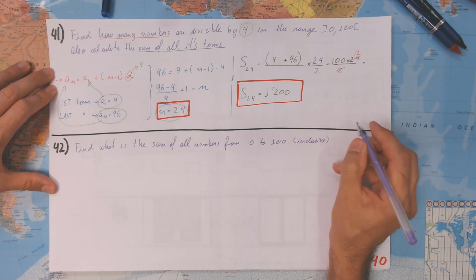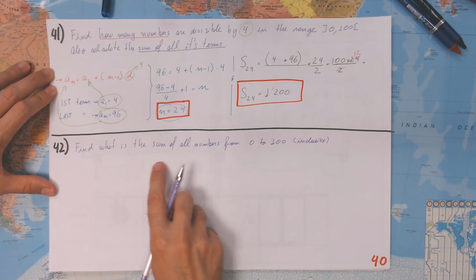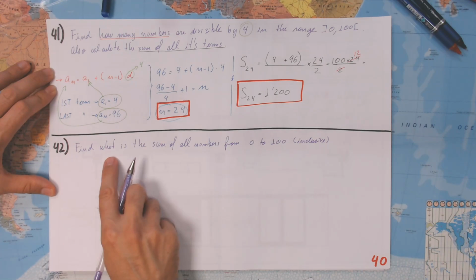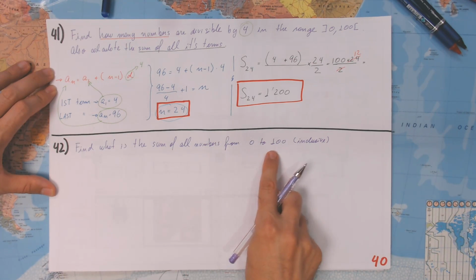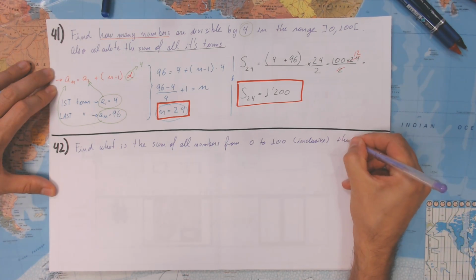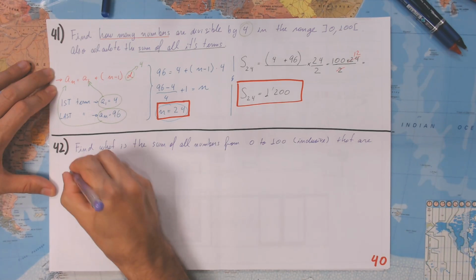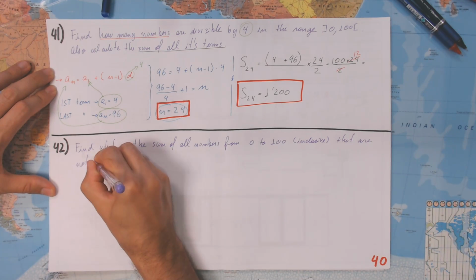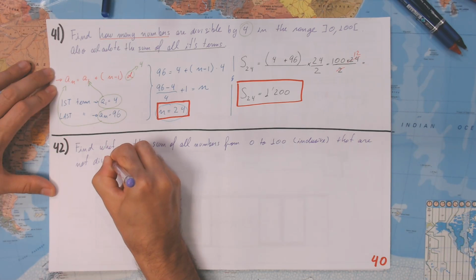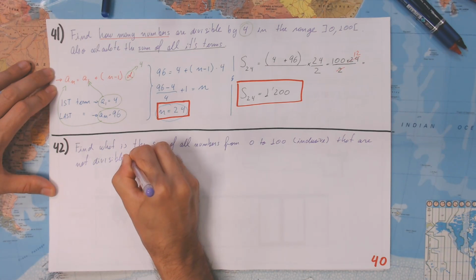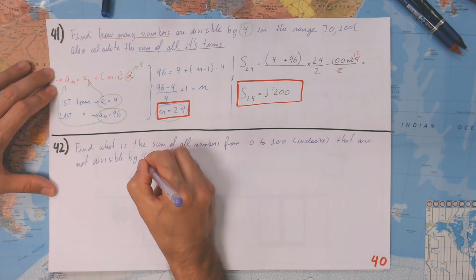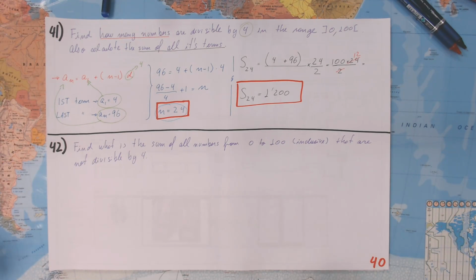Let's put inclusive. Find the sum of all numbers from 0 to 100 that are not divisible by 4.